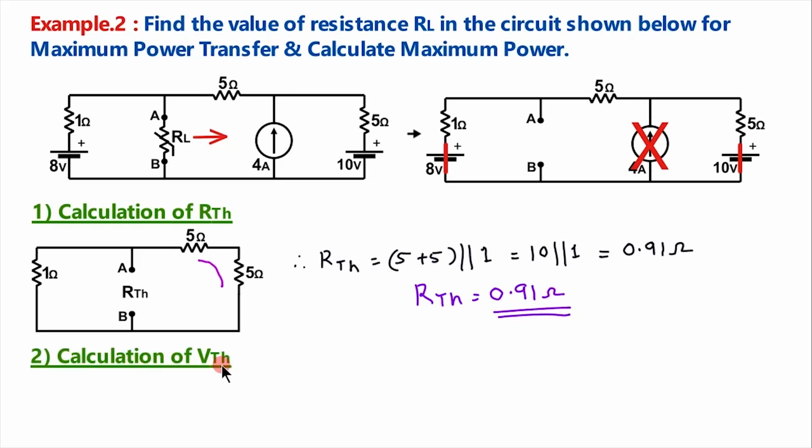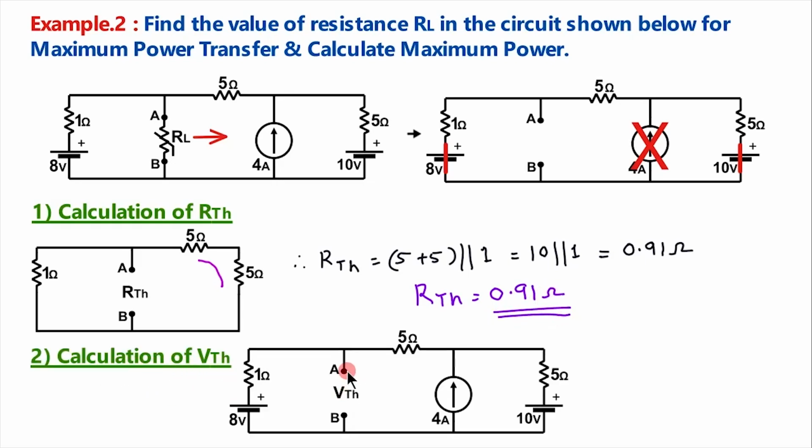Next, we will calculate VTH. VTH is coming between terminals A and B, and let A be the positive terminal and B the negative terminal. As here it is open, a current flows here and let it be in clockwise direction, and another current flows in this mesh. Let I1 be the current flowing in this mesh and I2 the current flowing in this mesh.